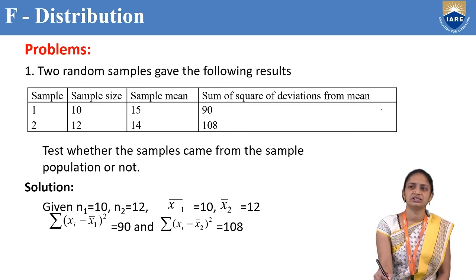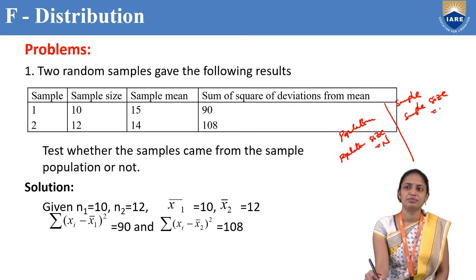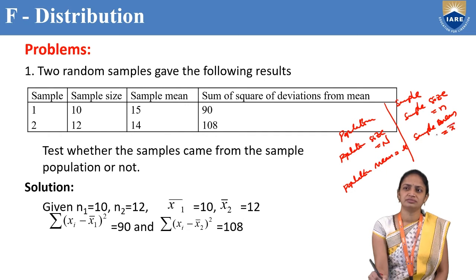The first thing you need to remember: population size is denoted with capital N and sample size is denoted with small n. Population mean is denoted with mu, and the sample mean is denoted with x bar.